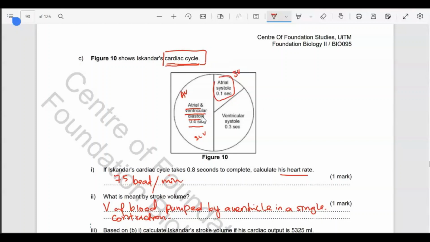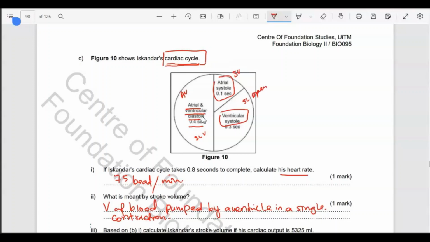The third stage. So all the blood is now in the ventricle, so now the ventricle needs to contract. This is the third stage, ventricular systole. At this point, the semilunar valve obviously needs to be open.